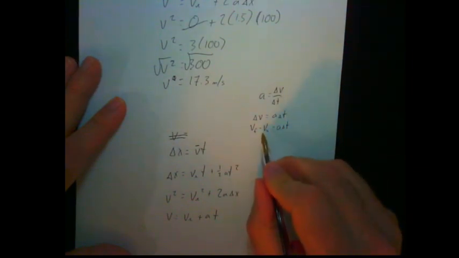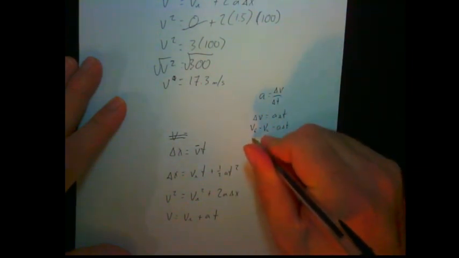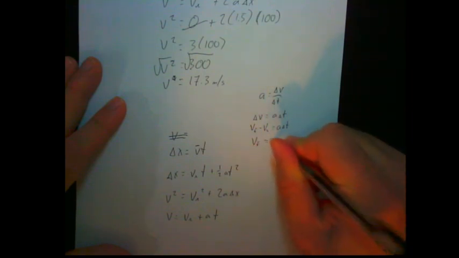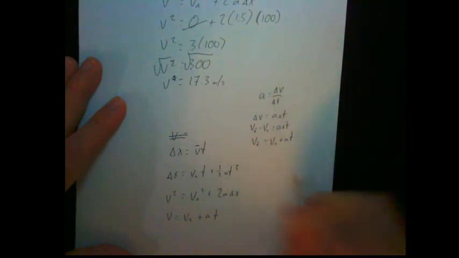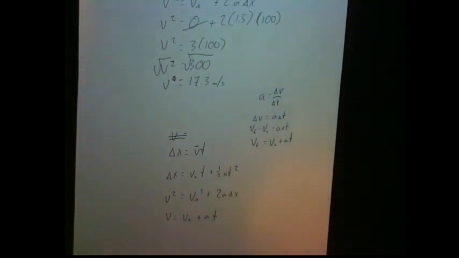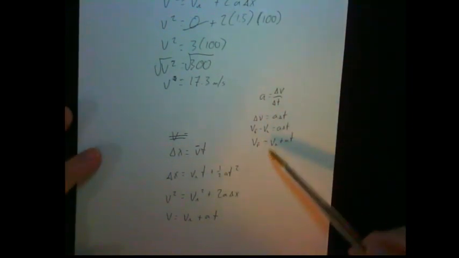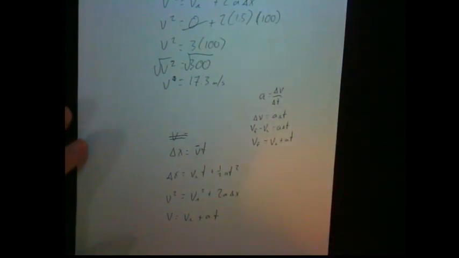And let's add that vi to the other side. Vf equals vi plus at. That's where that formula came from. We've already been using that. When we did the acceleration formula worksheet, we use this all over the place. This is just a rearrangement of it.